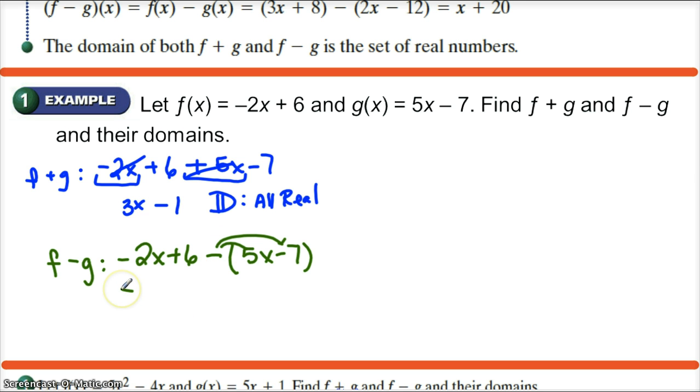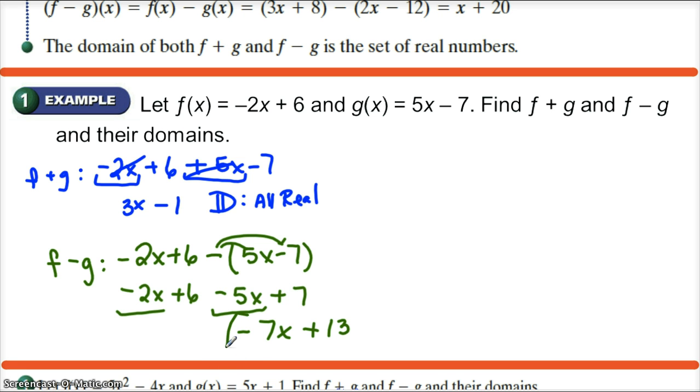So this is the same as negative 2x plus 6 minus 5x plus 7. Combining these like terms, we have negative 2x minus 5x, so that's going to be negative 7x. 6 plus 7 is 13. So we have negative 7x plus 13 is your new function.